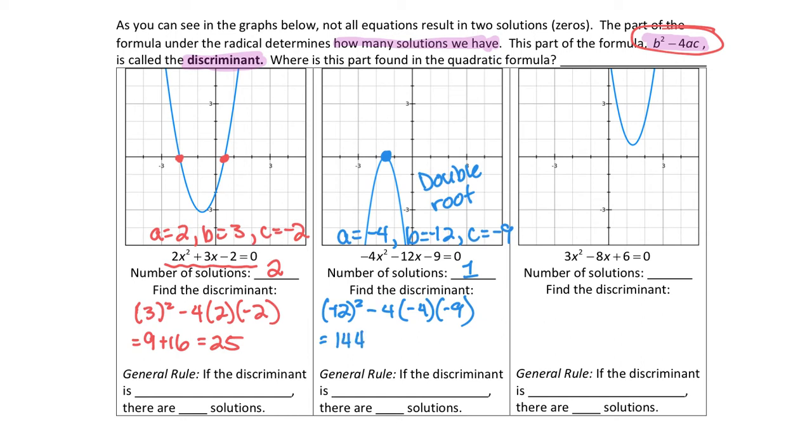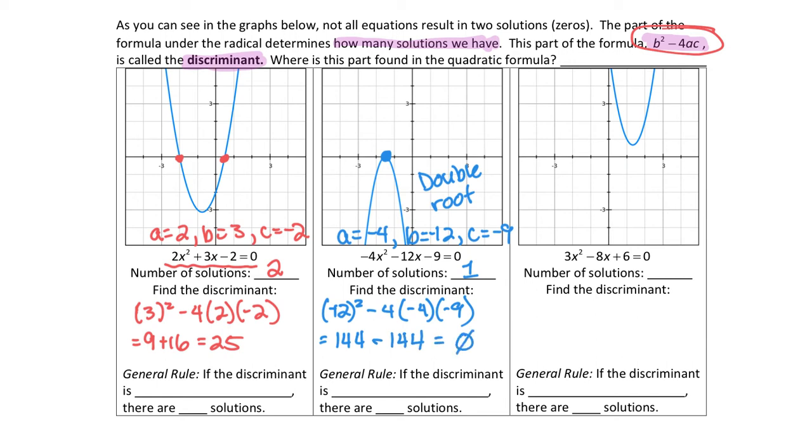It's going to be positive, negative times a negative. -4 times -4 is +16. +16 times -9 is going to be -144. And this is going to equal 0.